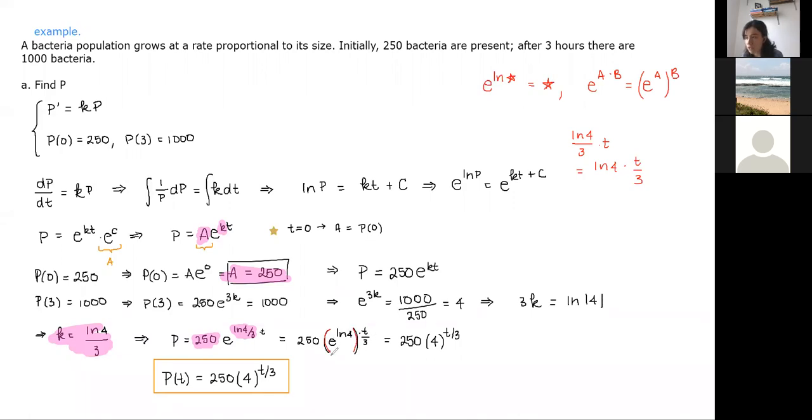So I have just e to the ln of 4, the whole thing to the power of t over 3. Now, e to the ln of 4, I know that I can simplify. That thing is going to become just 4. And now the only thing that's left is a t over 3 that is also in the exponent. So by simplifying that, I still have the 250 in front. Now e to the ln 4 has simplified to be just 4, and the exponent is now t over 3. Is that better, Erin?